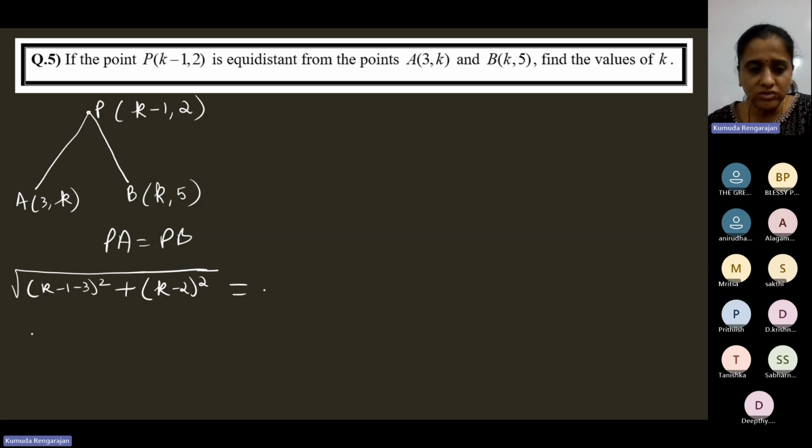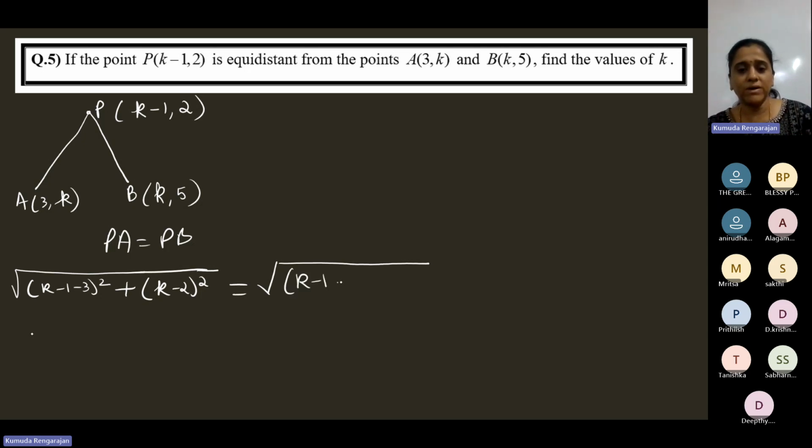This is equal to square root of PB, so use the coordinates of P and B. K minus 1 minus K, the whole square, plus 2 minus 5 or 5 minus 2, whatever is your convenience, the whole square. Work this. Now when you square on both the sides, what will happen? The square roots will get cancelled on both the sides. Yeah, continue.